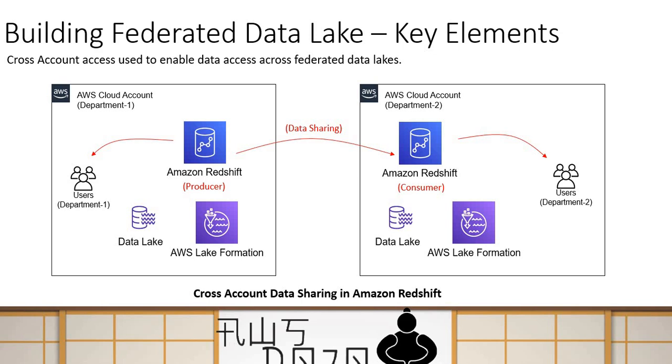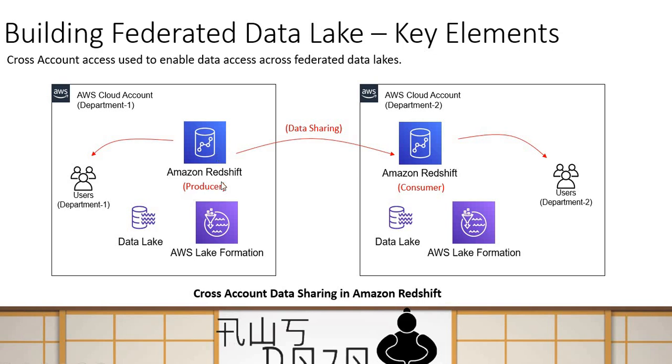I created another video which talks about how data sharing works in Amazon Redshift. You might search for that video in the channel. I'm not going to talk much about data sharing over here other than what it does, but of course there's another video you can see, and you can see a demo as well over there for how data sharing works in Amazon Redshift. But basically what you're talking about here is that your department 2 Redshift can work as a consumer, and through this data sharing feature it can access data from department 1 Redshift, which then works as a producer.